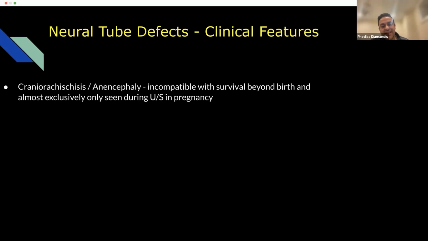Some clinical features, again: craniorachischisis and anencephaly are incompatible with survival beyond birth, since the central nervous system is compromised, and they're usually seen almost exclusively on ultrasound in pregnancy.